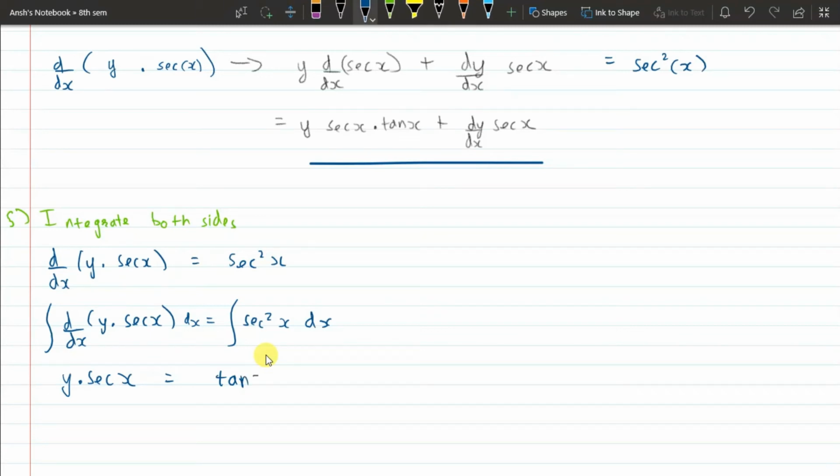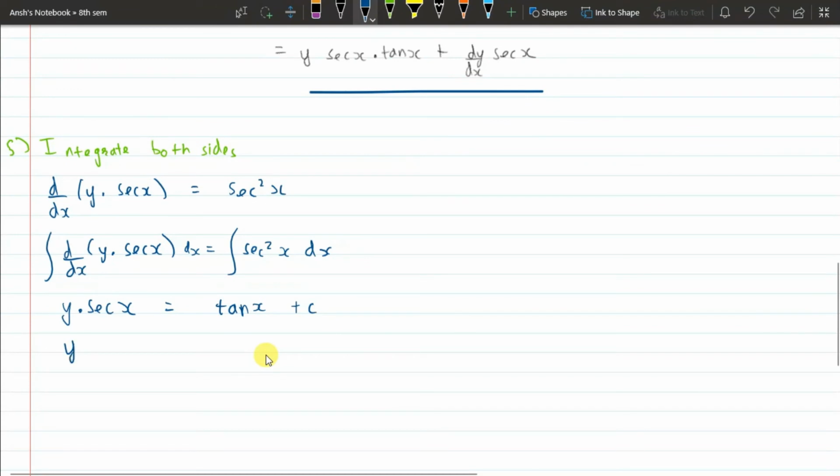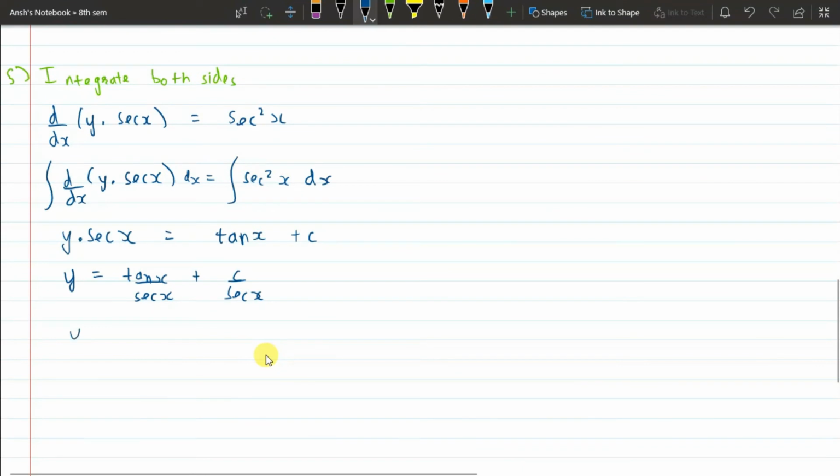So we have tan x plus some constant c, which is a constant of integration. And since we want to solve for y, let's divide the entire equation by sec of x. So tan x by sec of x plus c by sec of x. And using some more trigonometric identities, we have y is equal to sine of x plus c cos of x.